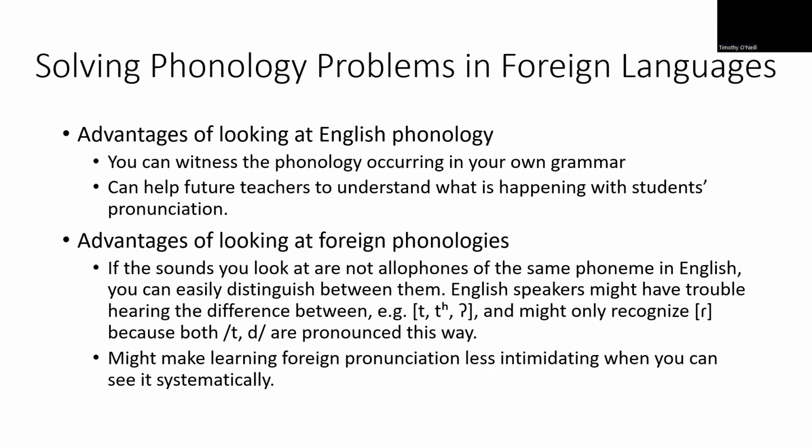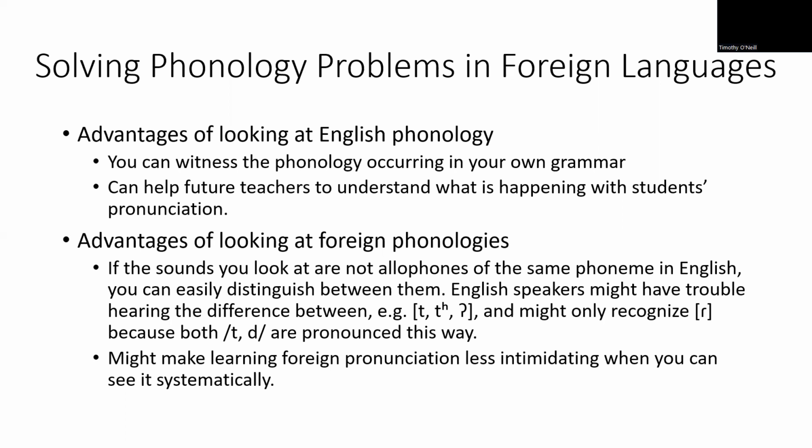You won't tell students that, oh yeah, the T in button gets swallowed, or it's silent, or something like that. You can tell them, oh yeah, that is very similar to a T, but it's made down here in your throat. And then you won't, of course, criticize students who say button and say they're mispronouncing it or they're being lazy or anything, because you'll understand the scientific explanation behind it.